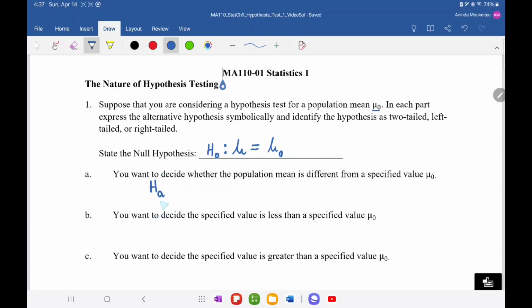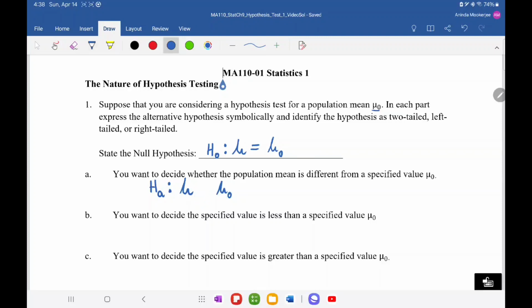So H sub A, followed by a colon, and then there should be a mu, the population mean symbol, and on the other side there should be the null hypothesis population mean. But what is going to be different is the symbol that we put in between the two mu's.